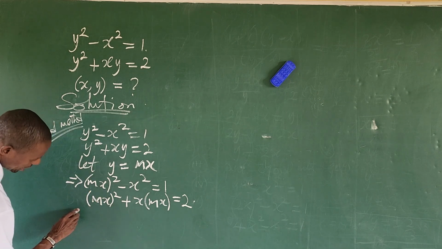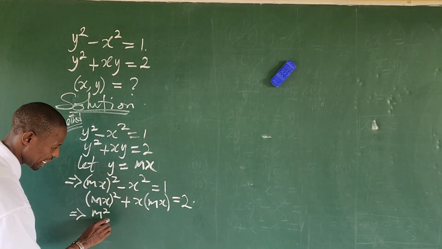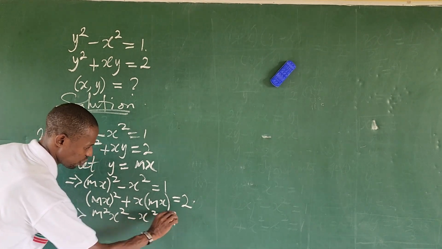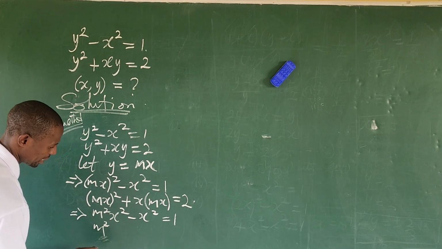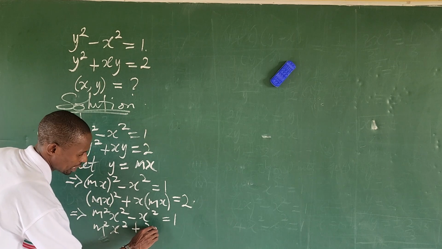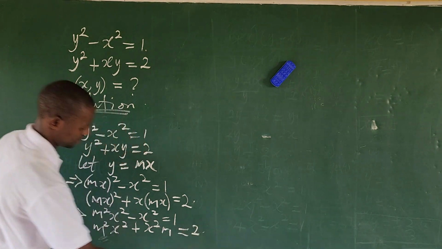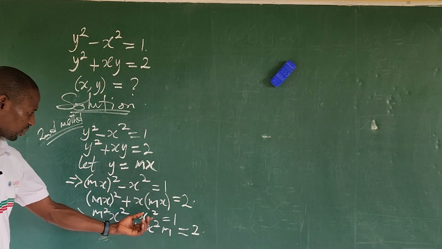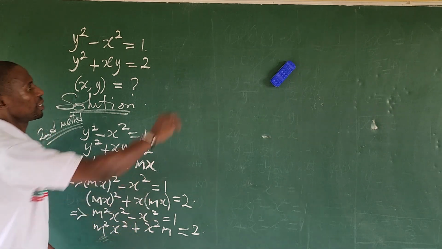So this now implies we have m squared x squared minus x squared equal to 1. Then on the other side we also have m squared x squared plus x squared m equal to 2. Any confusion? Okay, so from here, see what we want to do now. We want to factor out x squared from here, also factor out x squared from here. So let's continue on this side.